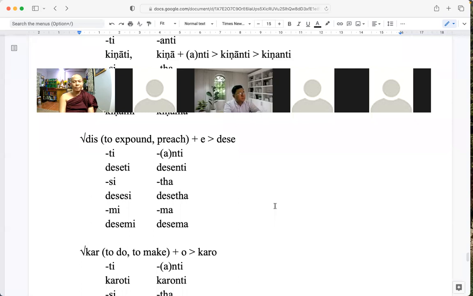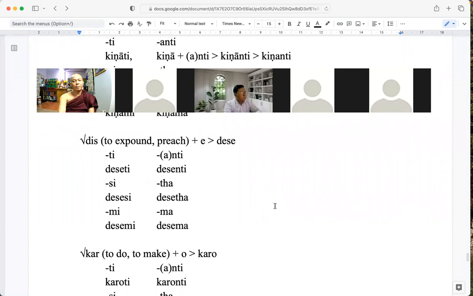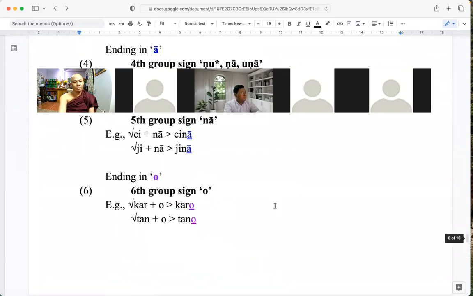Okay. But for number 6, with vowel R, if there is an R or E or U plus that group sign, then it's still two vowels together.